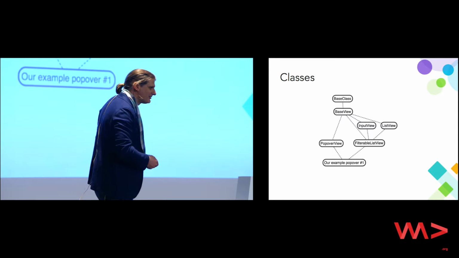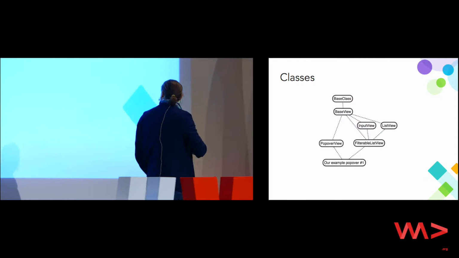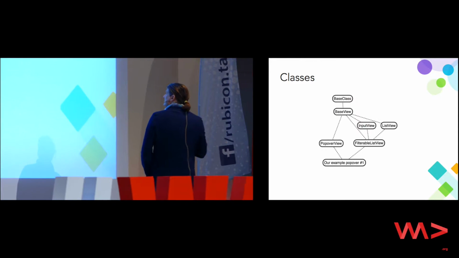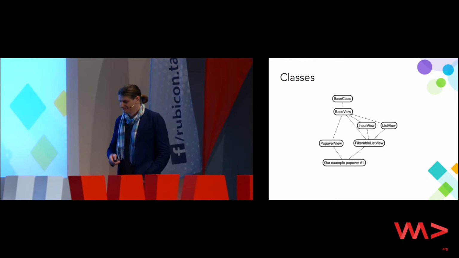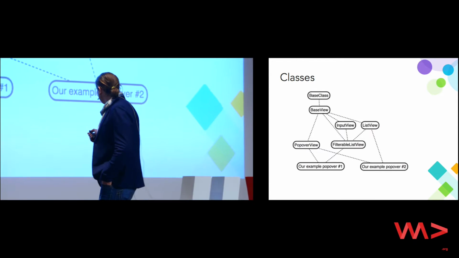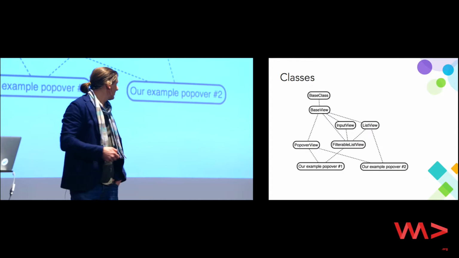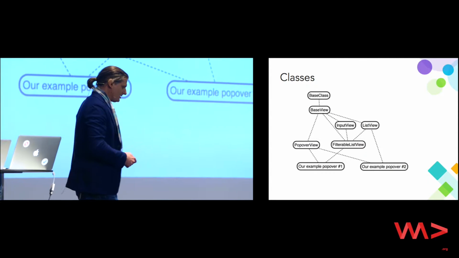Okay, not that problem. We can do a class hierarchy for that. Again, popover, we just add some input view here, some list view here, and we have this popover. Nice. So after doing that, we have actually example number 1, popover 2.